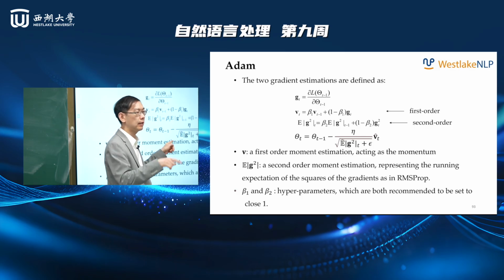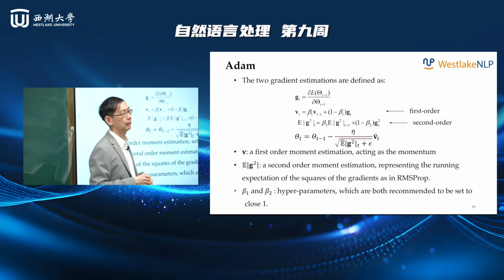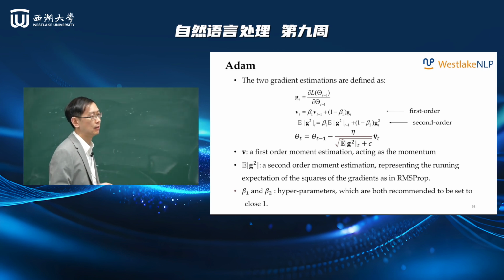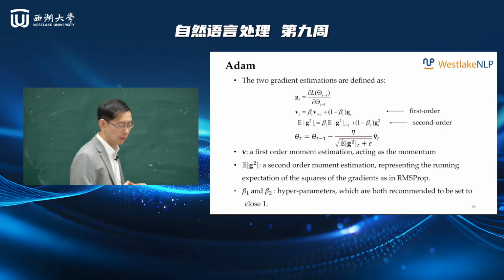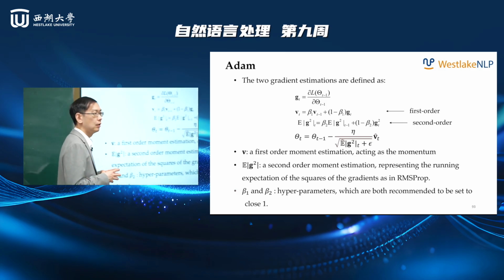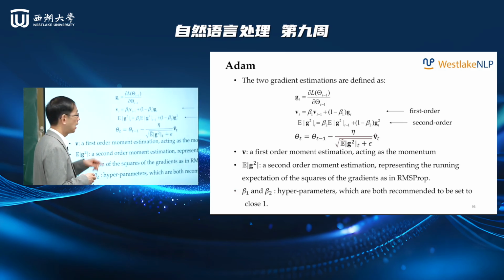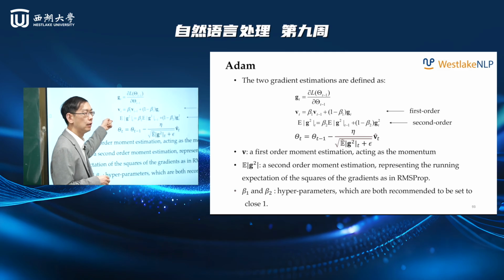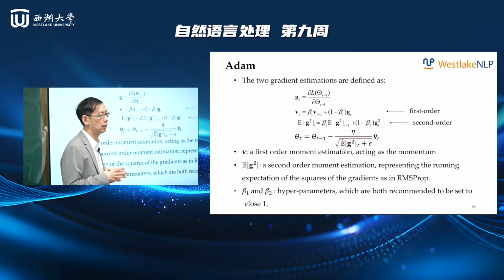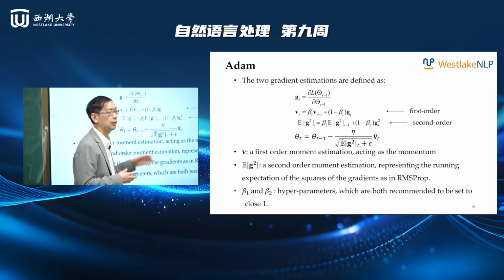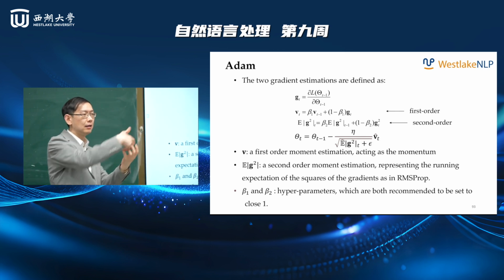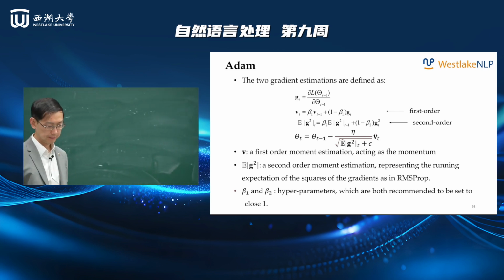I use 1 over that as the learning rate. All right. So it's quite easy to understand. So if I compare Adam with SGD momentum, I added a root mean square to have a learning rate for each parameter, right? So if I compare Adam with RMS prop, I used V to replace G in the update. So that's an integration of both methods.